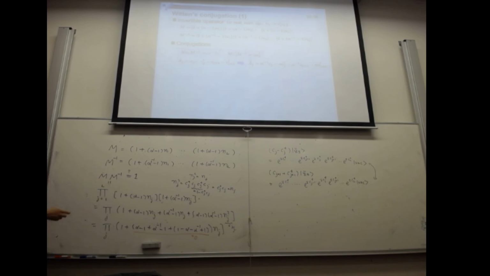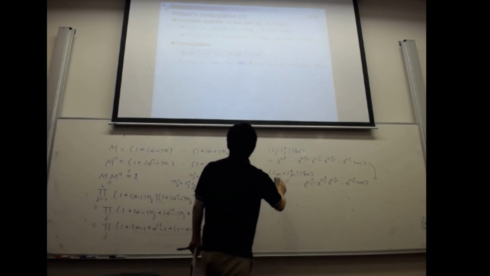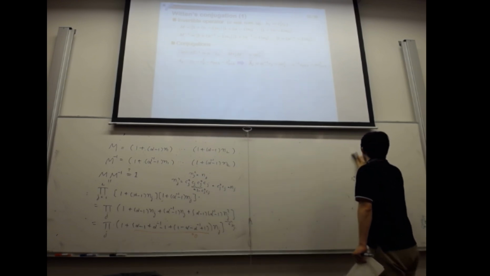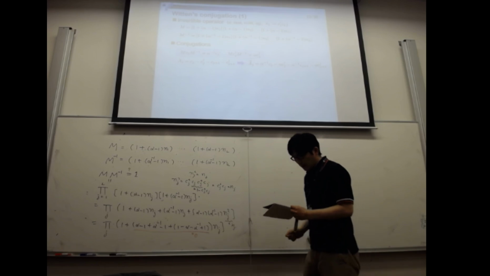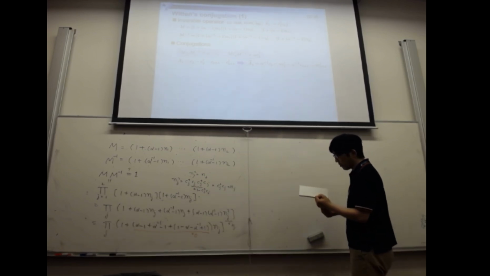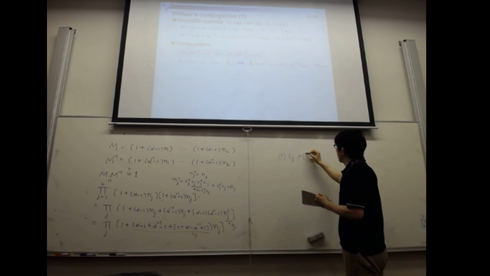And you can also show that M inverse M is 1. So this M inverse satisfies these relations. Okay, next let me show that M sends Cj to alpha inverse Cj.